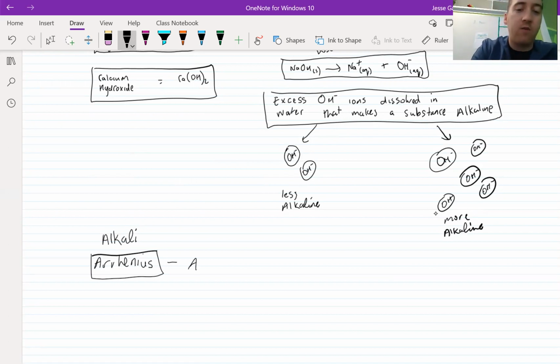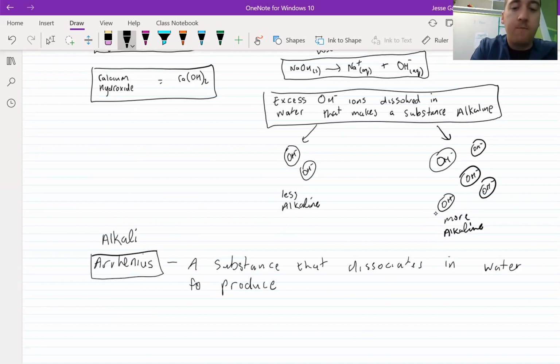Okay, what Arrhenius said was it's a substance that dissociates in water to produce not H plus ions, but OH minus ions, or hydroxide ions. So that was Arrhenius' definition of acids and alkalis.